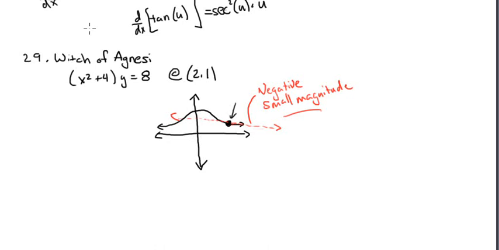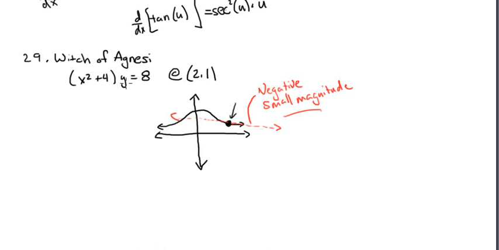So, okay, enough of touchy-feely graphical intuition. Let's actually find what dy over dx is equal to according to implicit differentiation. So, I take the implicit derivative of the left-hand side. I could use product rule here with this and this.